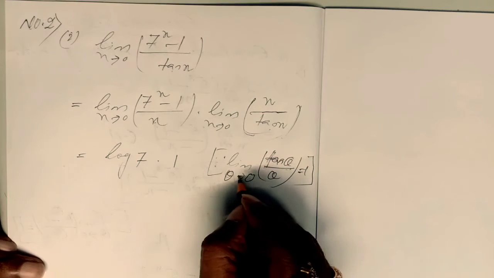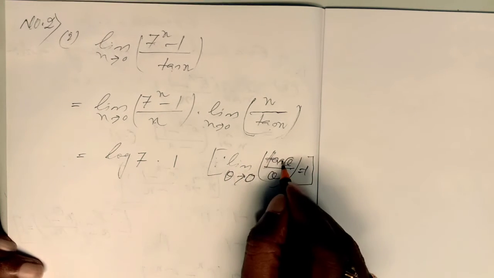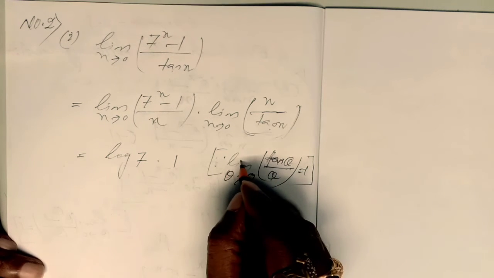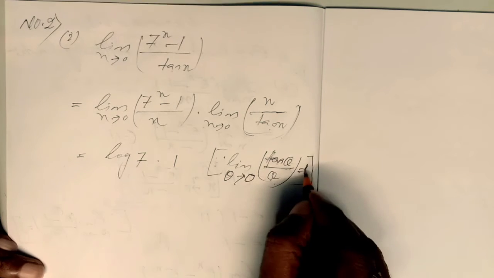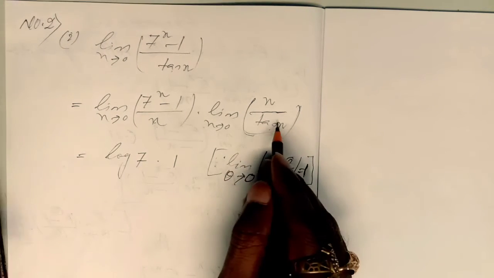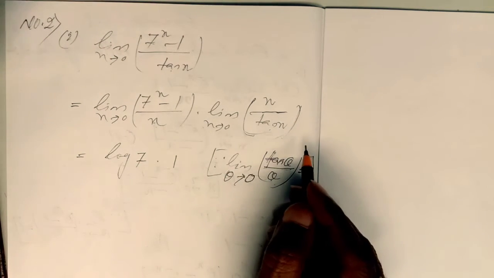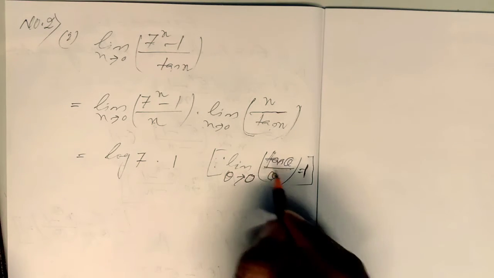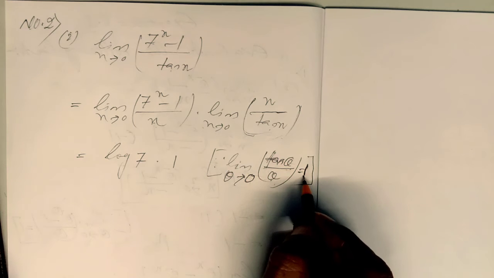Theta means angle. Theta tends to 0, tan theta by theta, a trigonometrical formula, is equal to 1. Therefore, if the reverse is given, theta by tan theta or tan theta by theta, that means the same. The answer will come the same, 1.